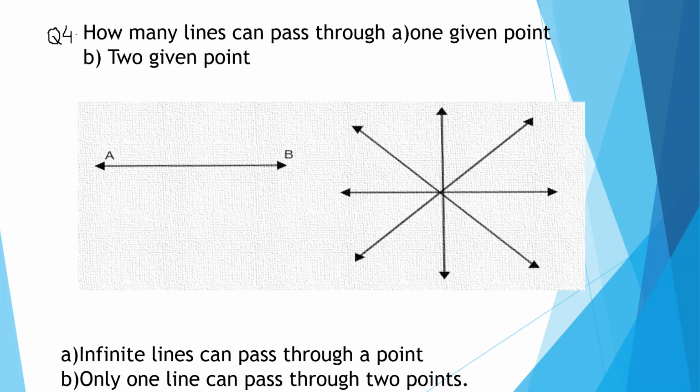Children, if we have one given point, many lines can pass through this one given point. And if we have 2 points A and B, then only one line can pass through 2 points.